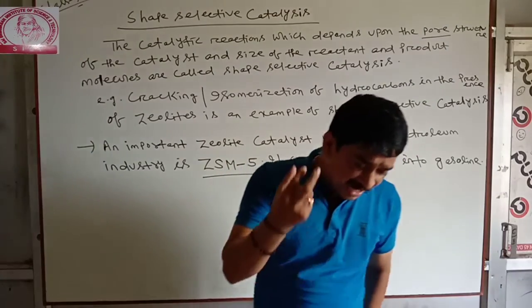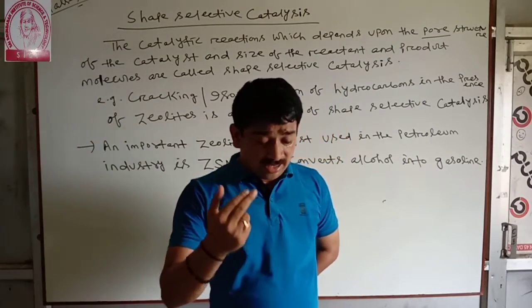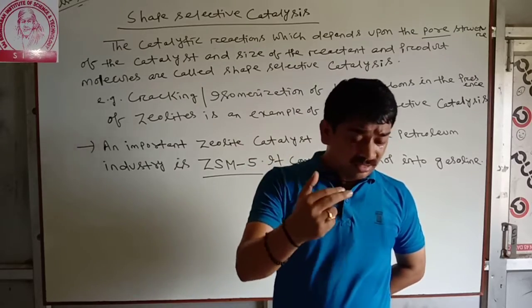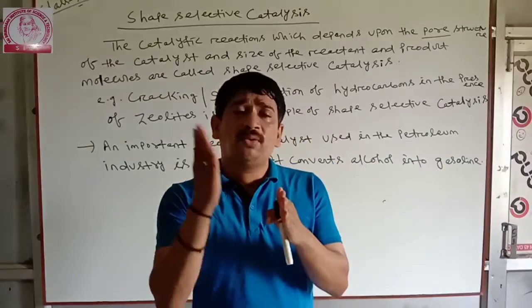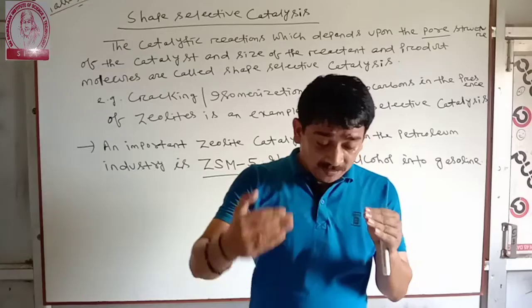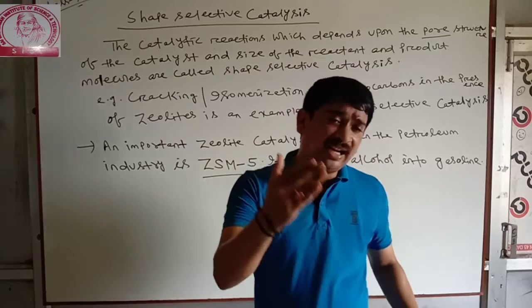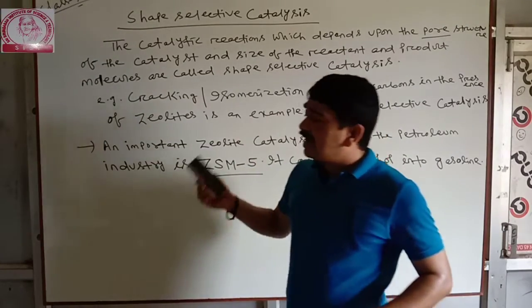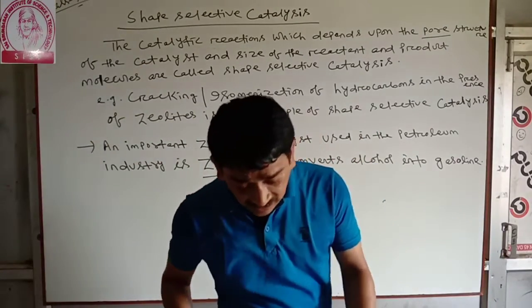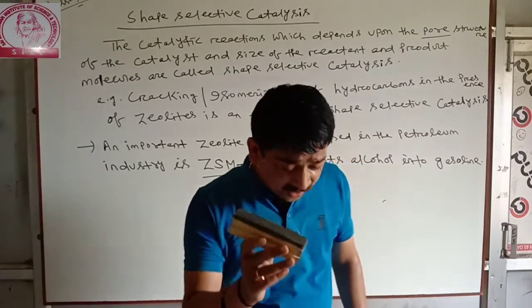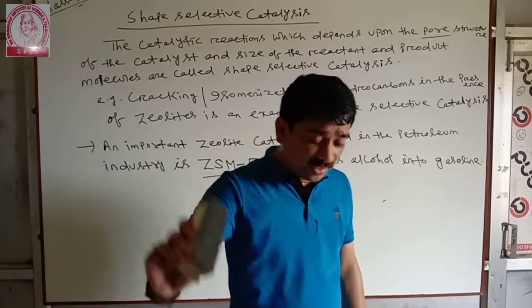Zeolites are aluminosilicates, or complex silicates, in which some of the Si4+ ions are replaced by aluminum 3+ ions.